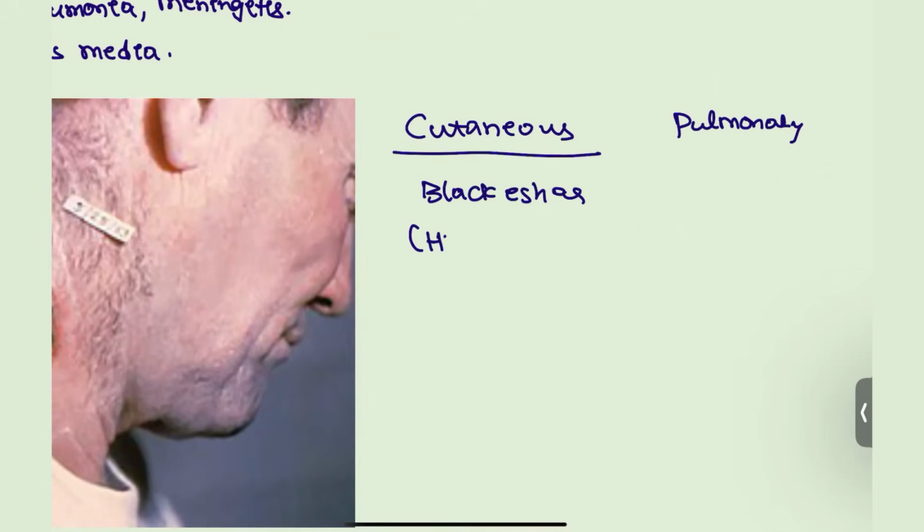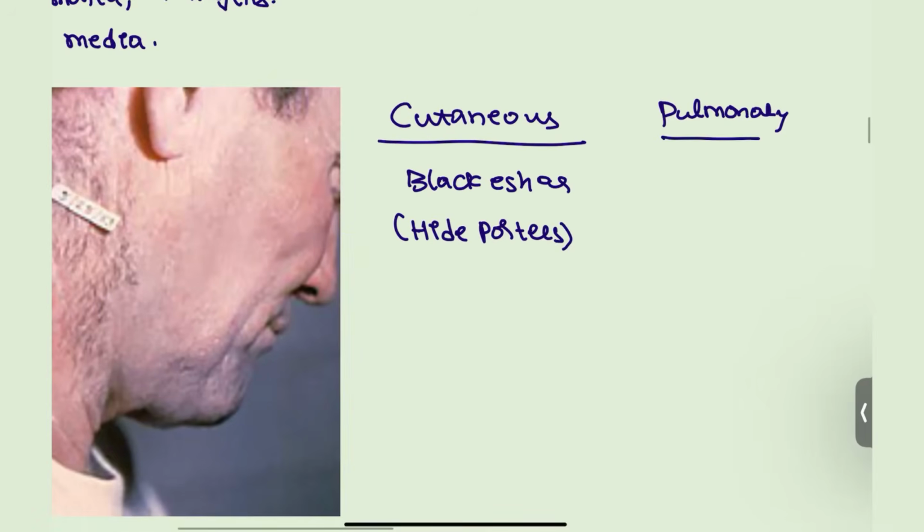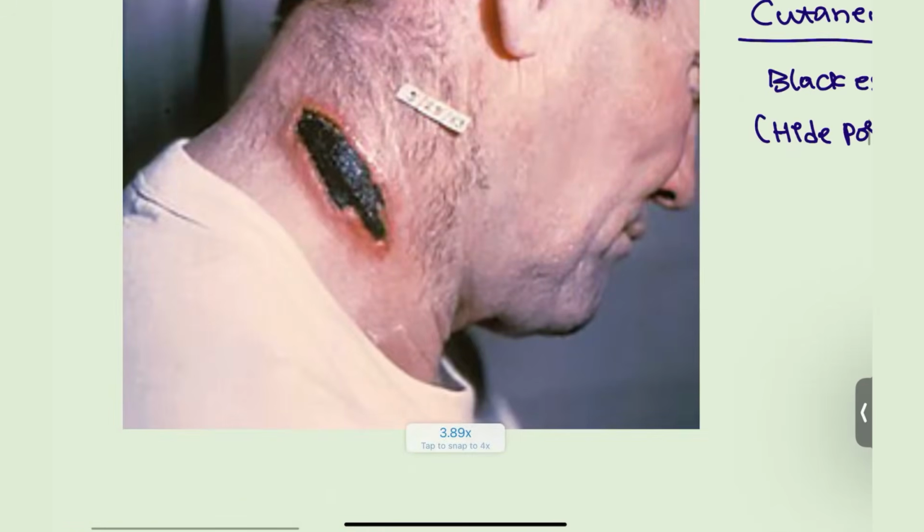This is also known as Hide-Porter's disease. Next, pulmonary. This is known for the pneumonia, which is also known as Wool-Sorter's disease. It is going to be a hemorrhagic pneumonia in the patient. So this is what I am discussing, the black eschar cutaneous type.